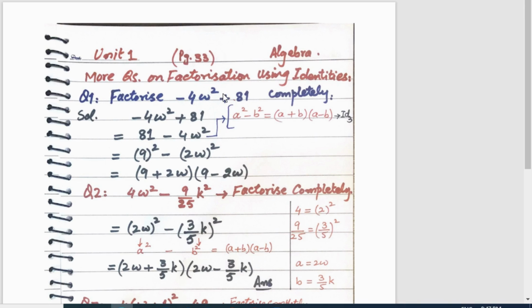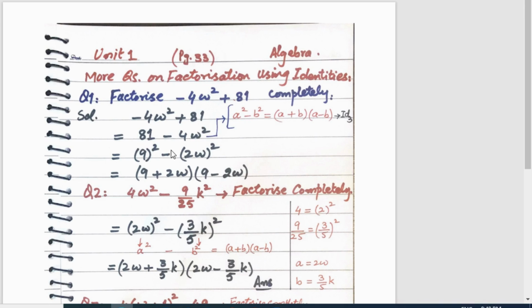If I write 81 first and minus 4w square second, then I think it is a representation of the left side of identity 3, which is written in the reverse form in front of you.